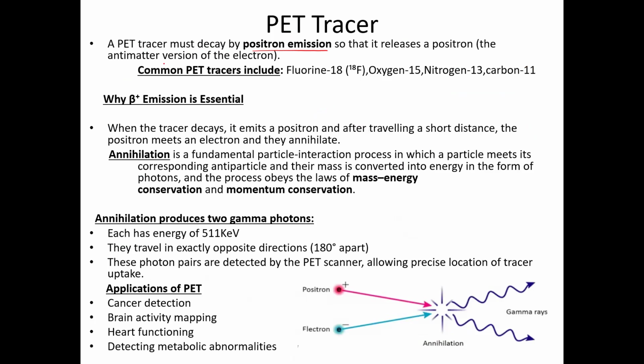And positron is the antimatter or antiparticle of the electron. Common PET tracers we have discussed before: fluorine, oxygen, nitrogen, carbon-11. These tracers are used in PET. These are the elements which are introduced inside the body with the help of a medication or medicine, and they act as PET tracers. So fluorine, oxygen, nitrogen, and carbon.